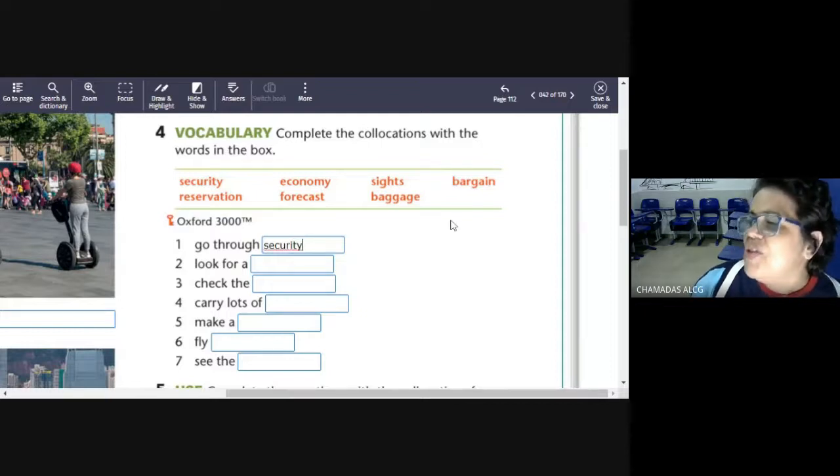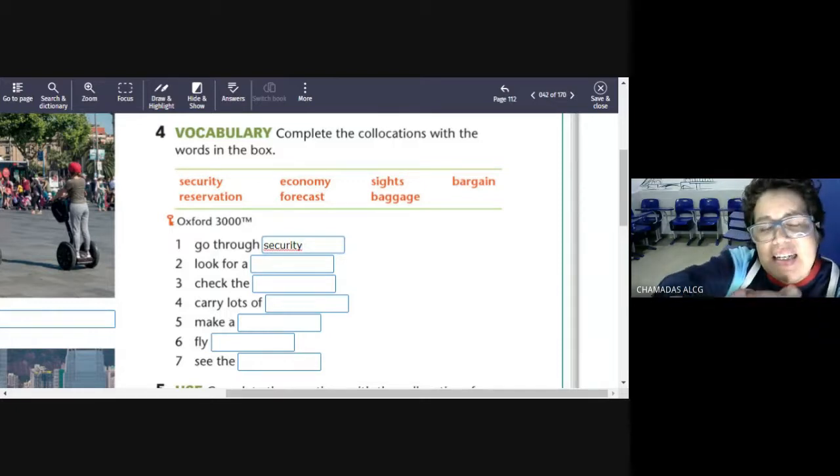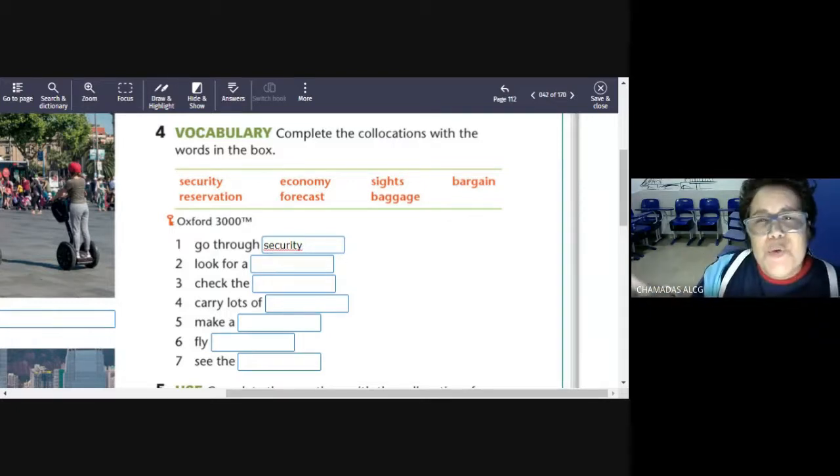Go through security. It's the movement we make when we pass by the security part of a company or the airport or any area where there is security. So when you go by the security part, we say go through security, okay?